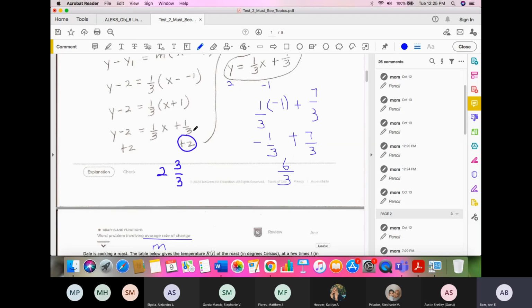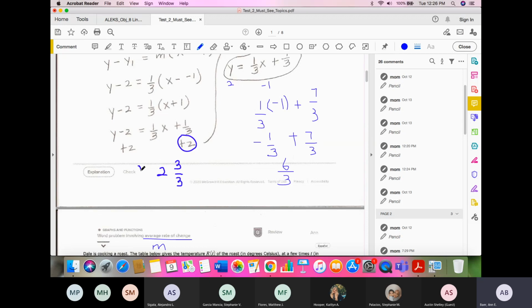Why did I choose the 3 to put in the denominator here? So I could match this 3 in the denominator. So I put 3 in the denominator first and then realize I've got to keep this at 1, which means I have to have the same number in both bottom and top. 3 divided by 3 is 1 times 2 is still 2.